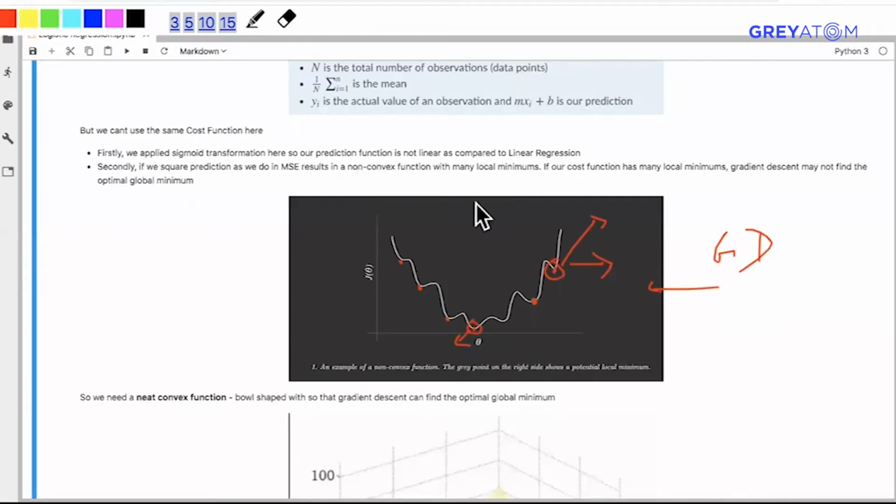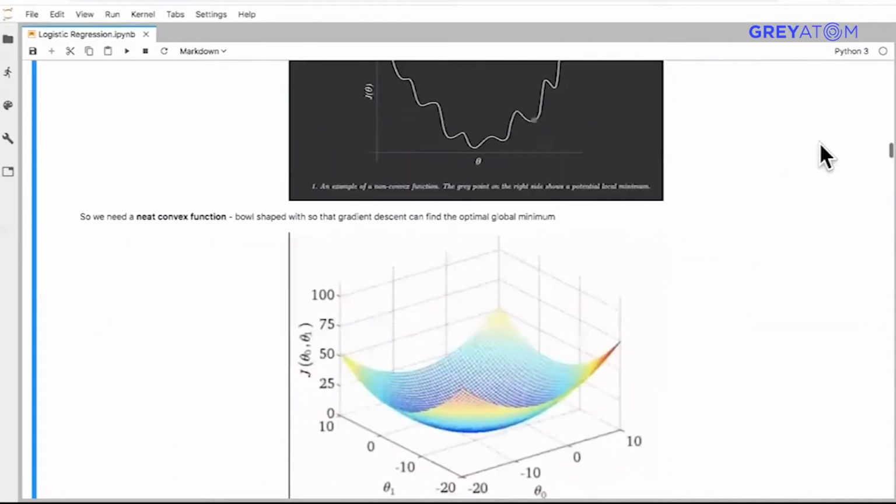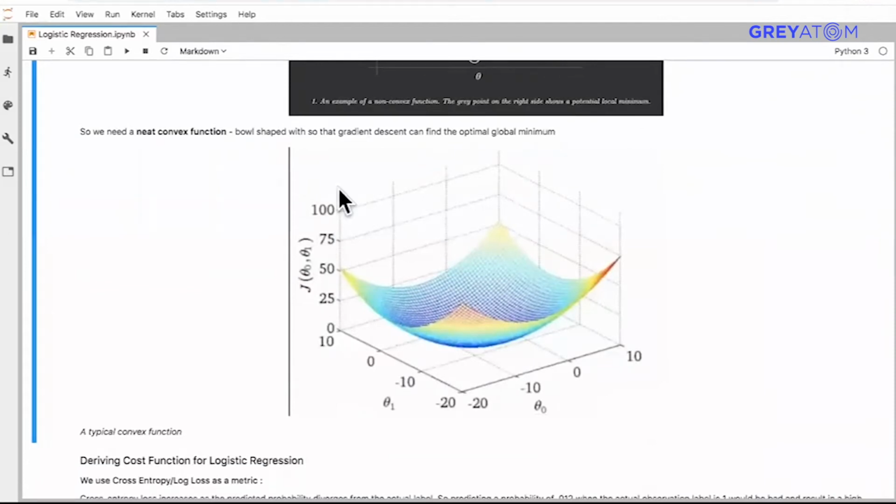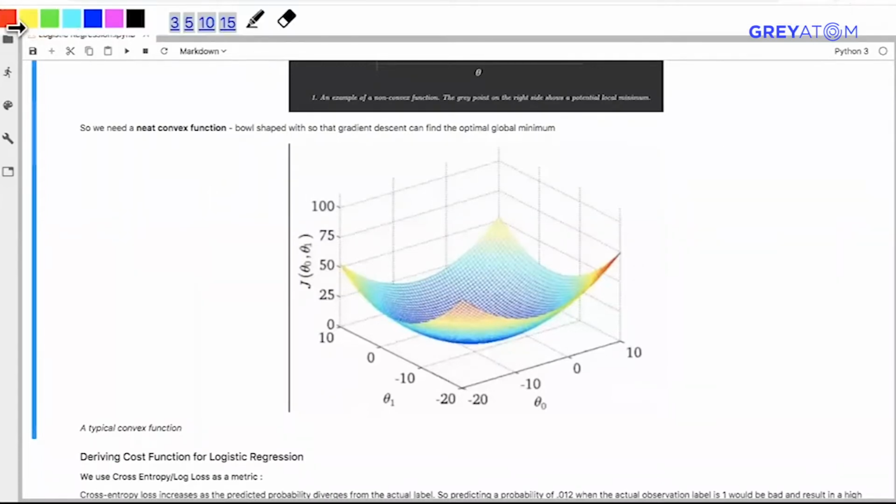So to avoid this, we can't use this cost function for logistic regression. We would want our function to be a neat function, a bowl-shaped function. Just imagine that this function only has one minimum, around here, like your cornflakes bowl.